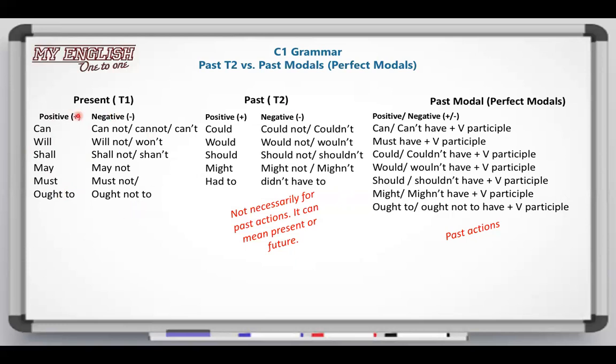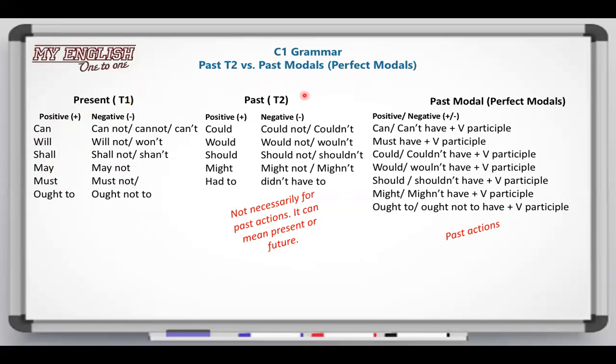So the form is present, but the meaning can be present or it can be future. So when we say T1, we are not referring to the use or the meaning. We're just referring to the form of the modal verb.